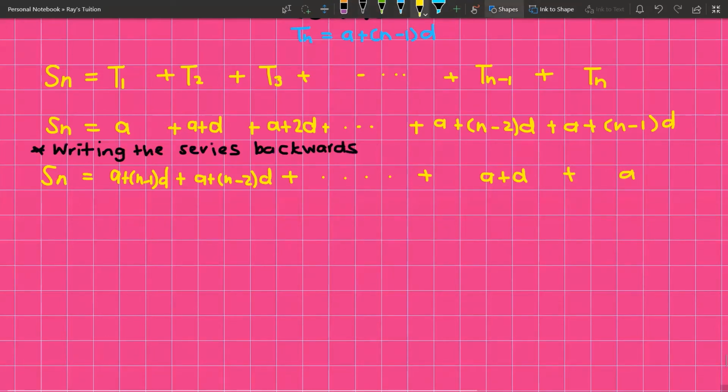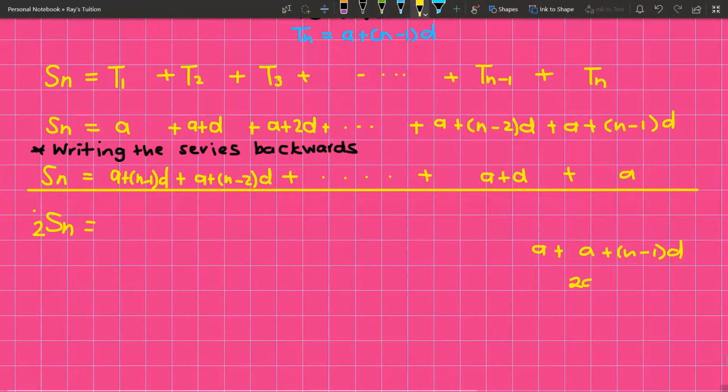Once we're done writing it backwards, we're going to add. I'm going to put a little line. If we have Sn plus Sn, that gives us 2Sn. Now we're adding a and a plus n minus 1 times d, which adds up to 2a plus n minus 1 times d.